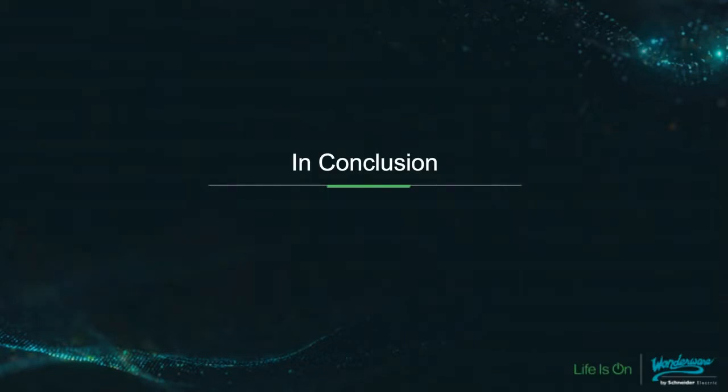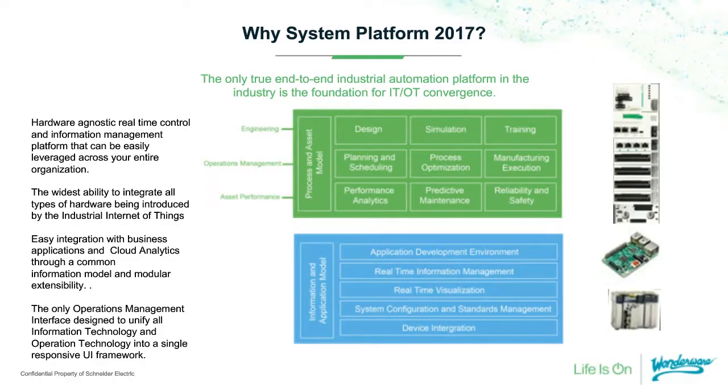So as we work on up toward our conclusion of this session and talk about why System Platform 2017, we'll try to distill it down to a few key points. One, it is a hardware-agnostic, real-time control and information management platform that can be easily leveraged across your entire organization to give you real-time insights into whatever real-time processes are happening in your system.